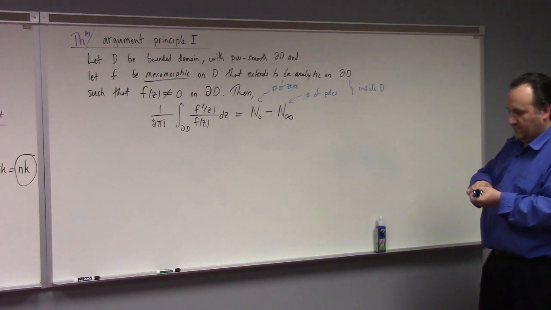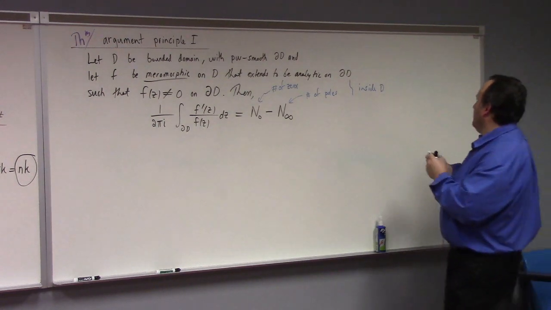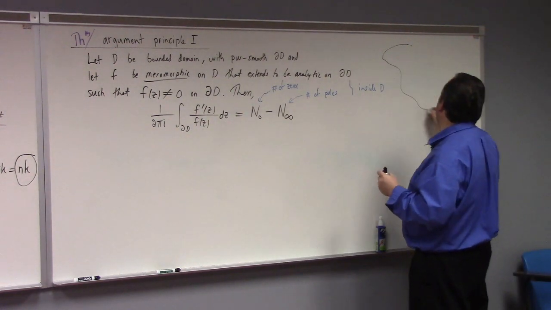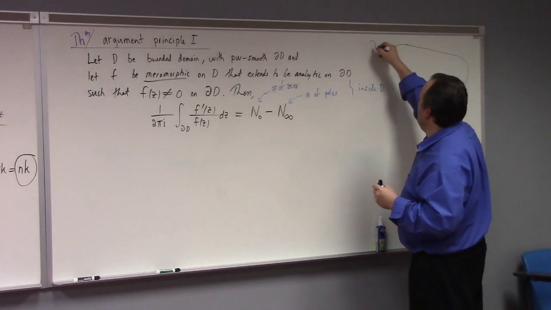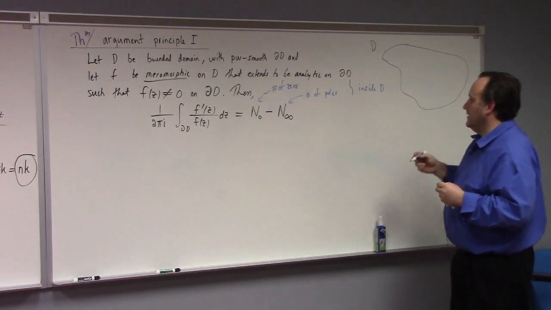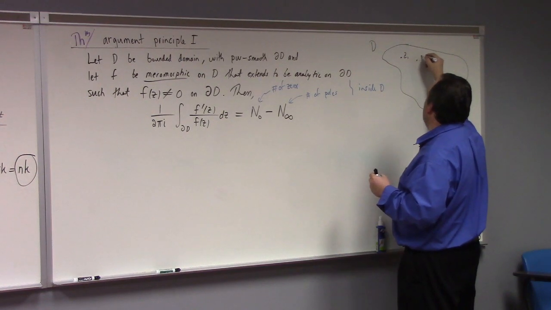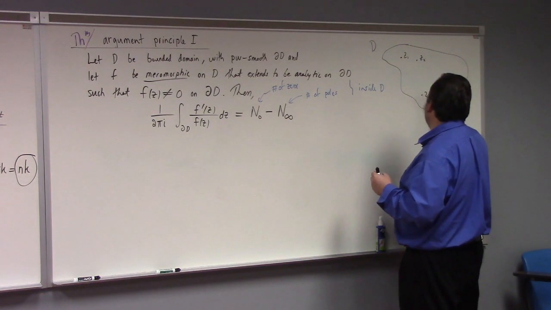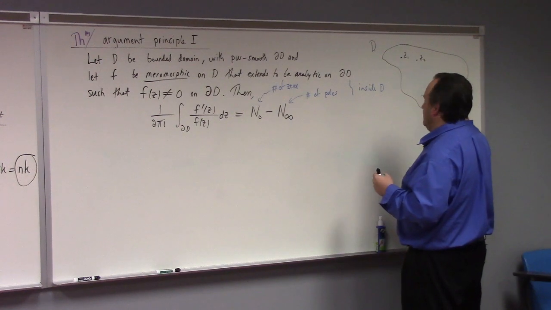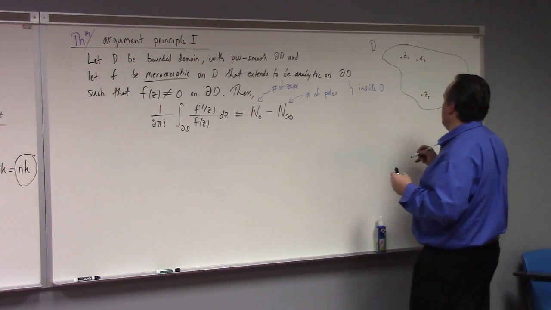Roughly speaking, you can picture it something like this. Here's my D, right? And let's say z1, z2, how many zeros do you want to have? Let's say zr. These are all zeros.